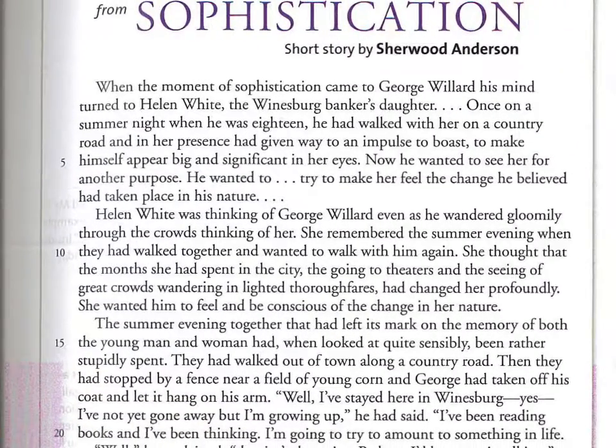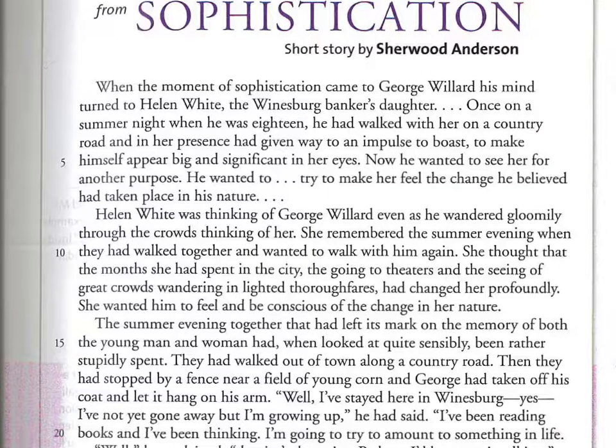When the moment of sophistication came to George Willard, his mind turned to Helen White, the Winesburg banker's daughter. Once on a summer night when he was 18, he had walked with her on a country road and in her presence had given way to an impulse to boast, to make himself appear big and significant in her eyes. Now he wanted to see her for another purpose. He wanted to try to make her feel the change he believed had taken place in his nature.